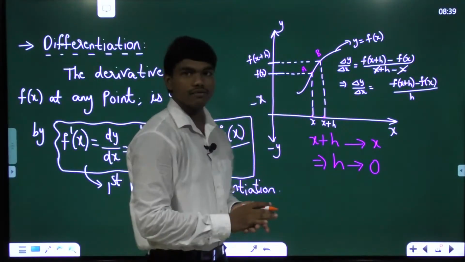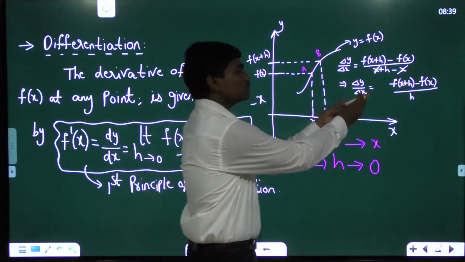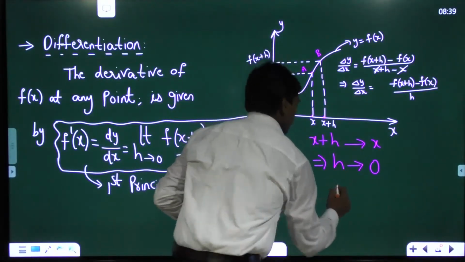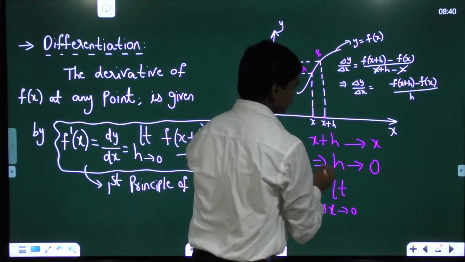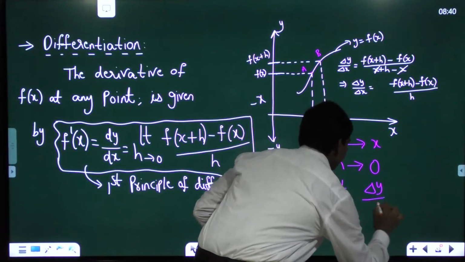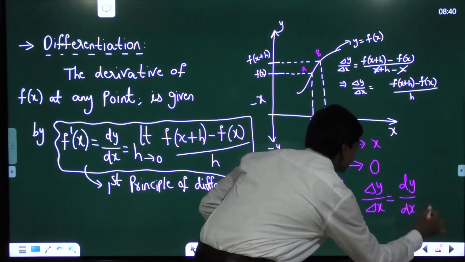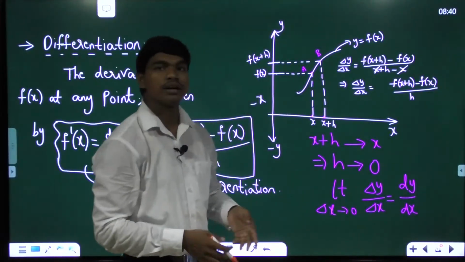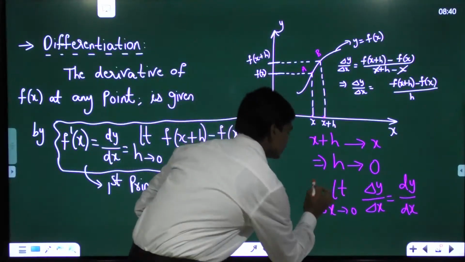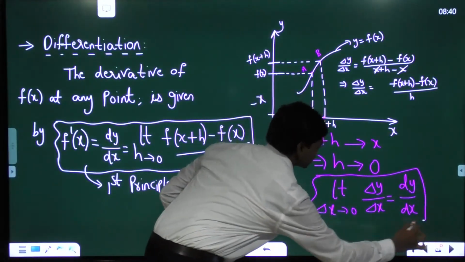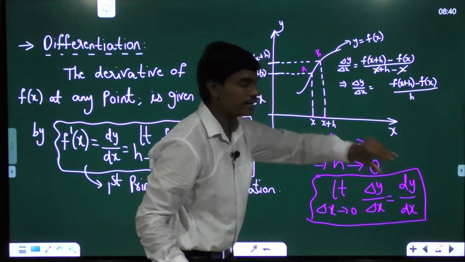And you might have seen in the basic definitions of kinematics, which you have dealt with basically, for very small changes of delta x, we write limit delta x tends to 0, delta y by delta x is equal to dy by dx. Correct? In mathematical form, you might have seen this definition a lot of times when defining velocity, acceleration, and all these things. Which means when this change delta x is very small, this delta y by delta x can be represented as dy by dx.